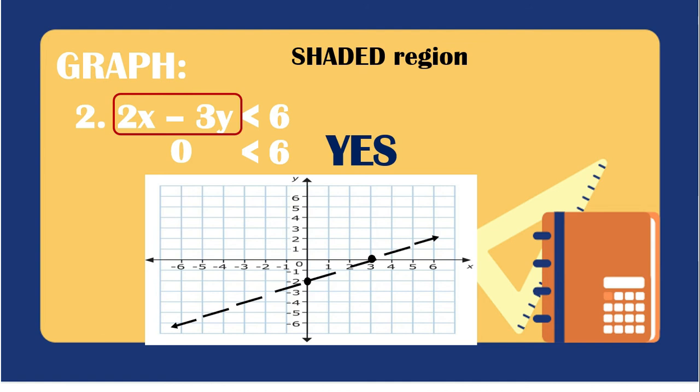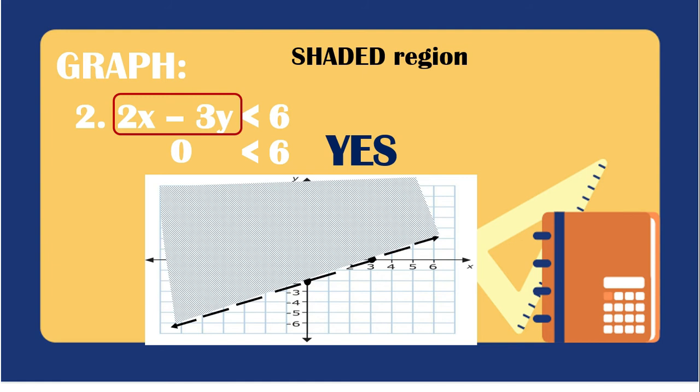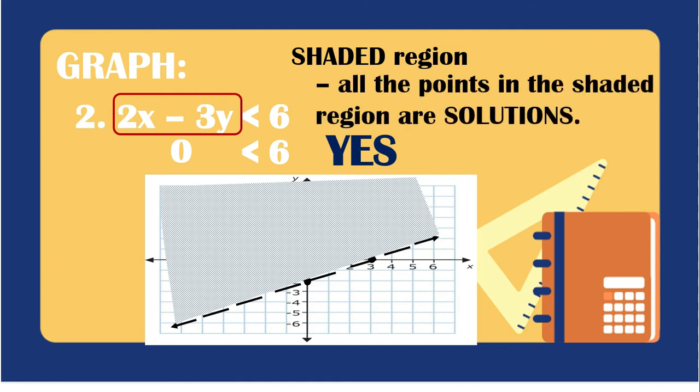Yes. So meaning, the origin or the (0, 0) is part of the solution. So we will shade the part of the graph including the origin. So we will shade the upward part. The points located in the shaded region are all solutions of this inequality.